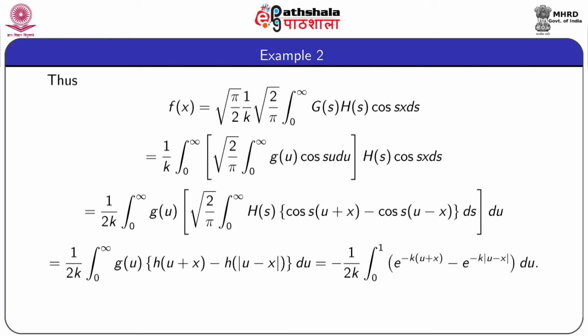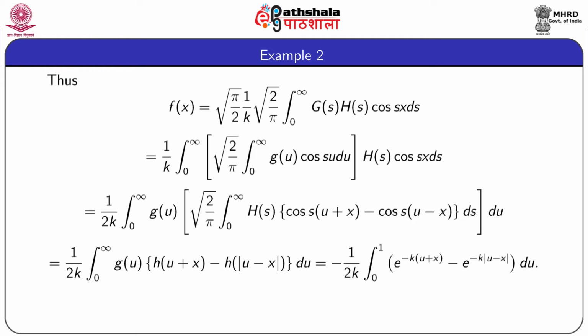Now, H(s) is the Fourier transform of small h(x). So, here this first integral becomes equal to h(u plus x), and the second integral will give small h(|u minus x|).